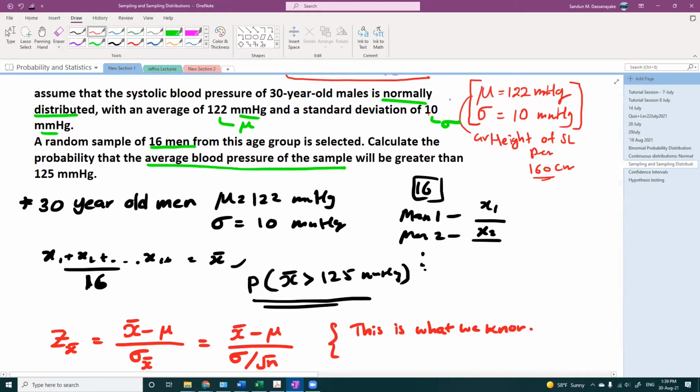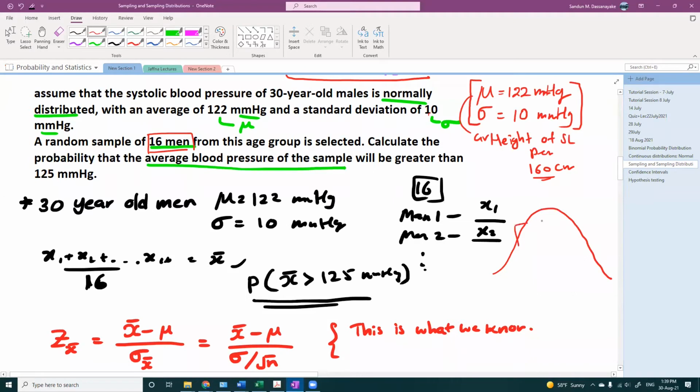So this is known, and you are doing an experiment at the laboratory or at the hospital, and you have a random sample of 16 men. You use 16 men and do the blood pressure test from this age group. So you are assuming that you are taking a sample from this normally distributed set.